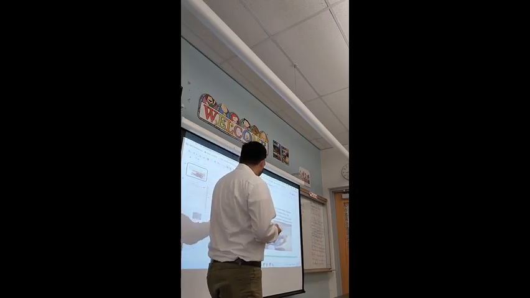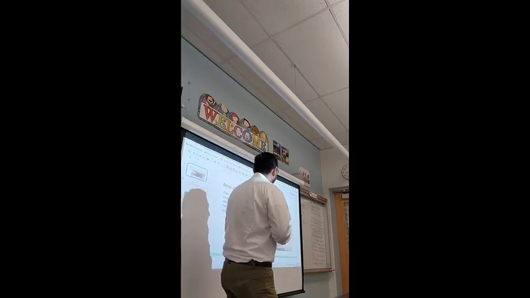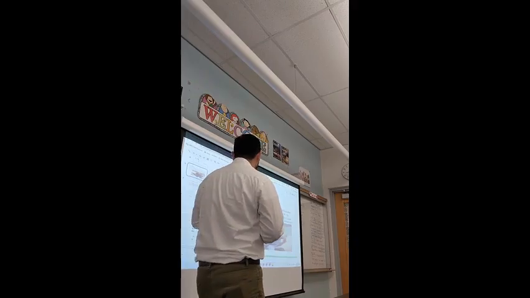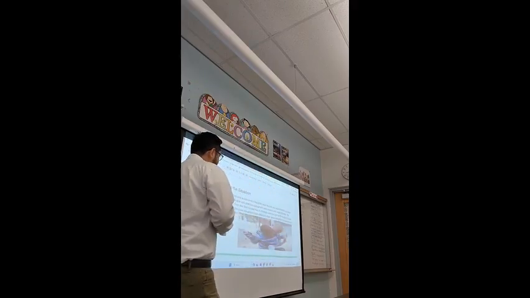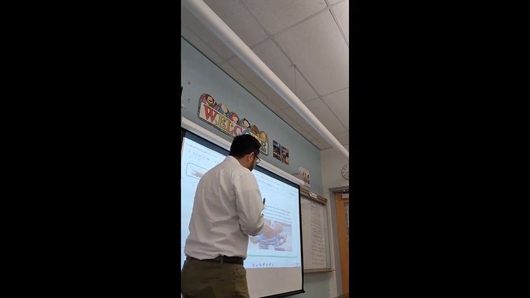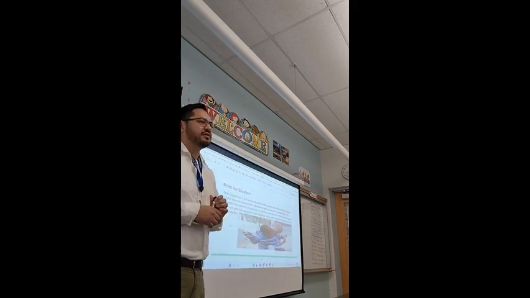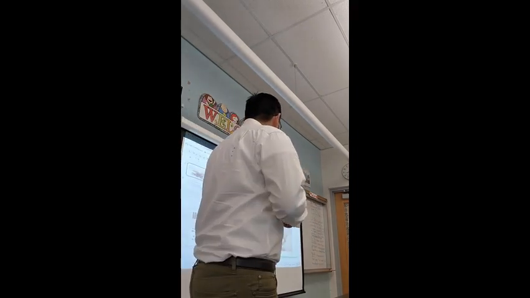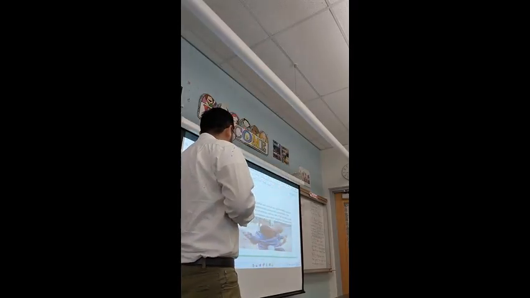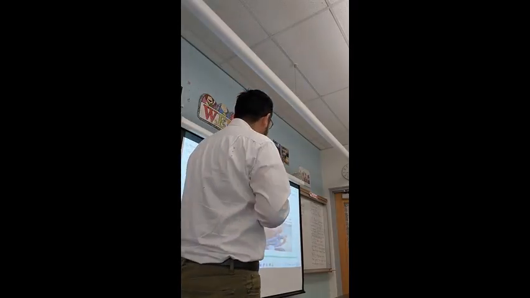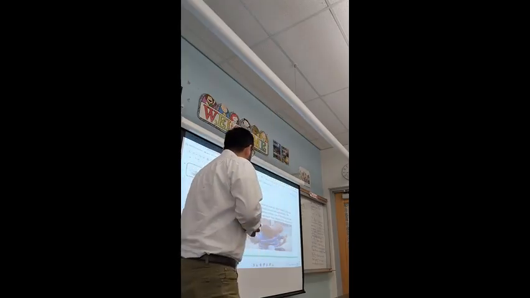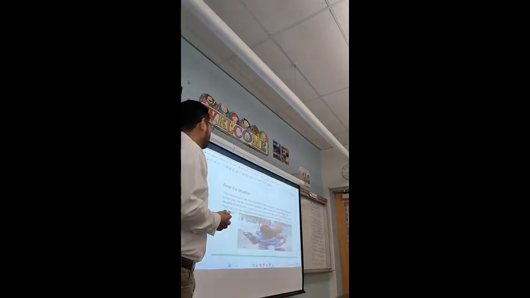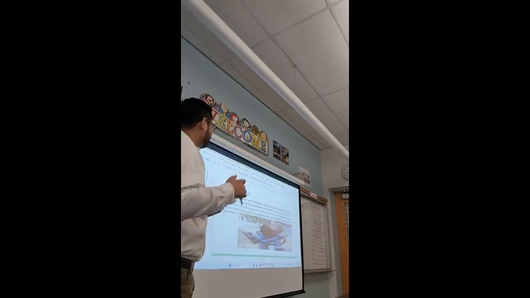Their son and 1 daughter have albinism. Their other daughter has normal skin pigmentation. Albinism is when you don't produce a lot of melanin, so you have very light hair, light skin, and the eyes look very pinkish.